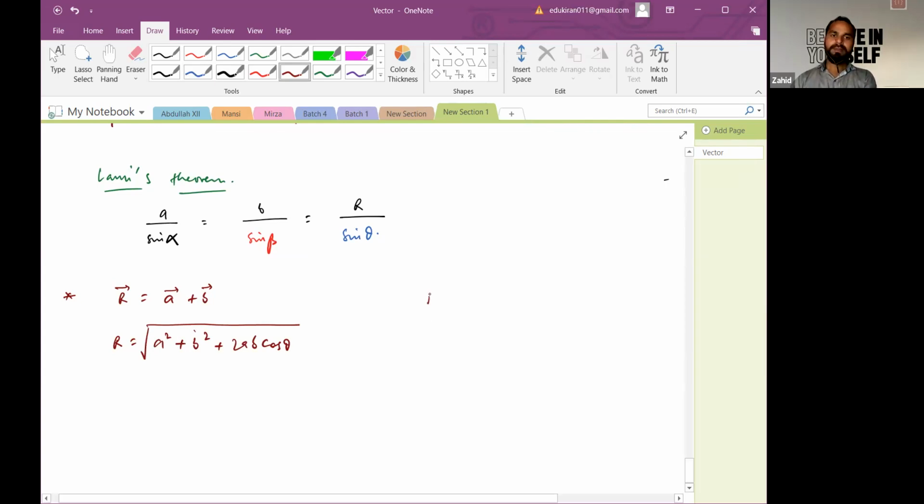Similarly, let's say R is equals to A minus B. So if you want to calculate resultant for this term, you will get R is equals to root under A square plus B square minus 2AB cos theta. So the sign in between will depend upon this sign.